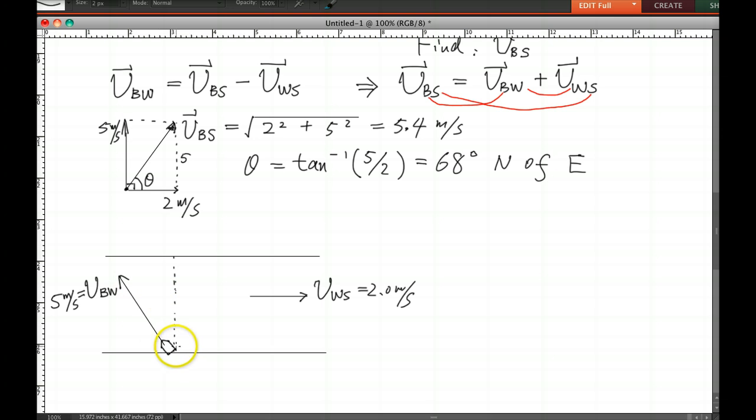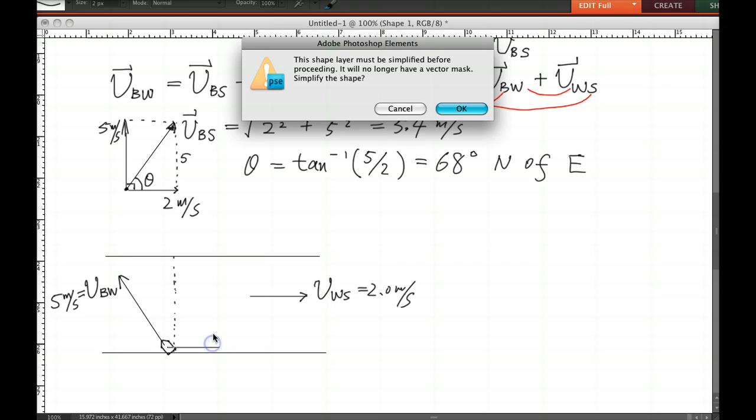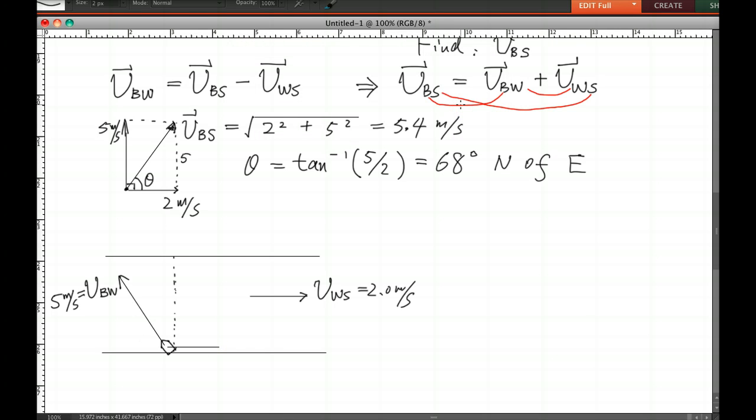Now if we draw the same vector diagram, we should move this one over here. So you can see we still put them tail to tail, just like here. So this is the V_BW, V_WS.